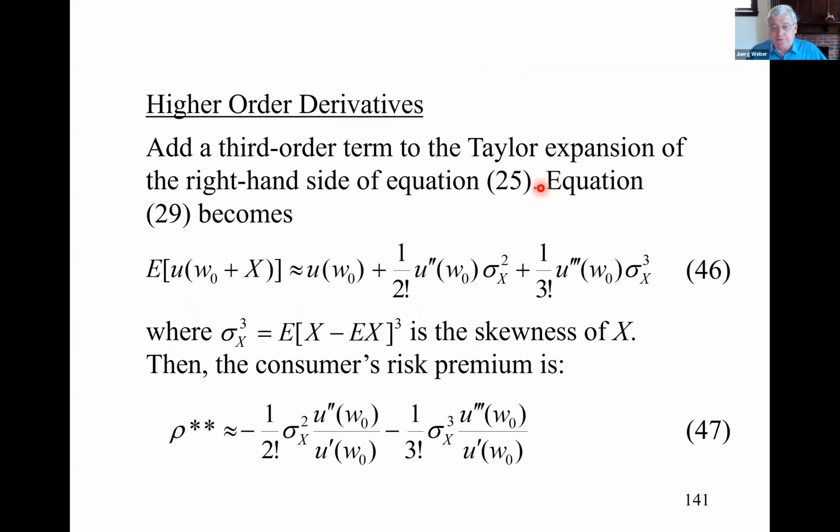On top of it, negative times negative gives me positive, and the utility function is upward sloping, so that's positive, and if the third derivative is also positive, then I have overall a positive term which adds to the risk premium that the consumer is willing to pay.